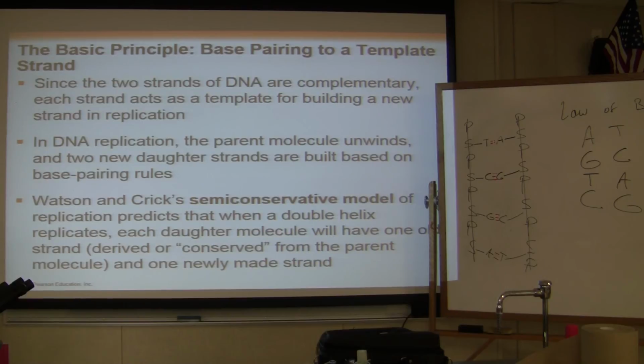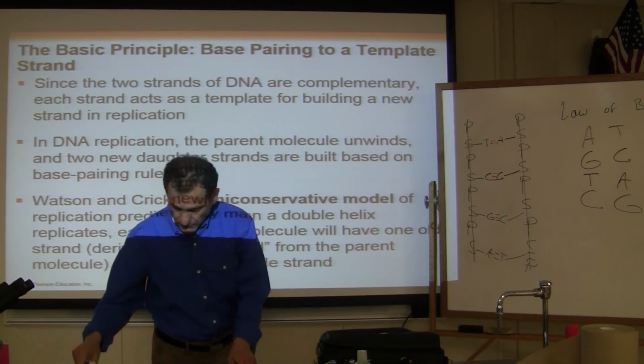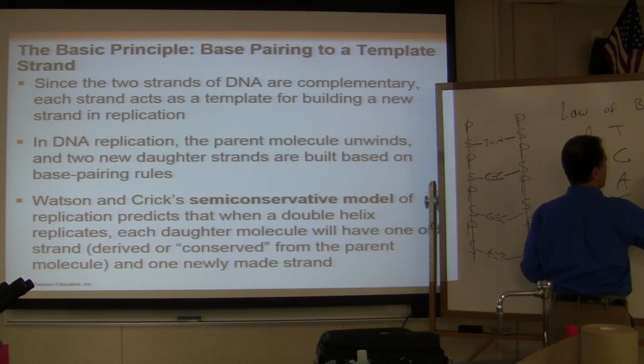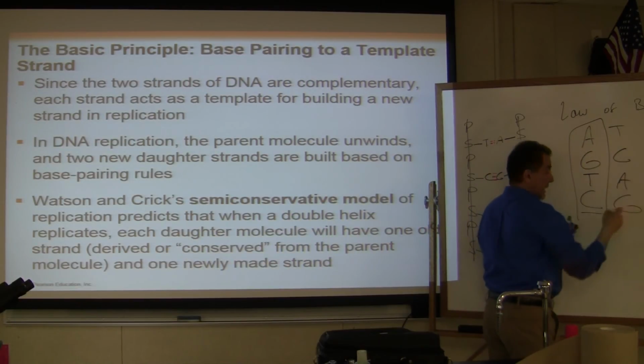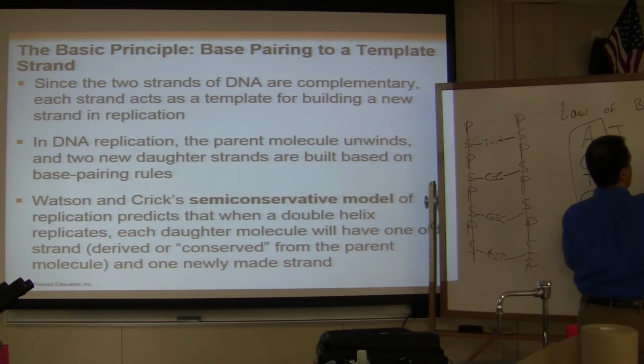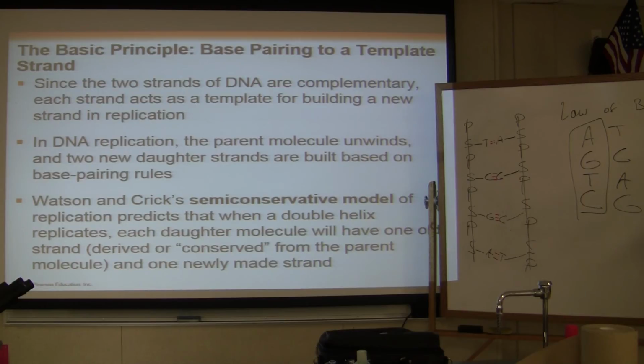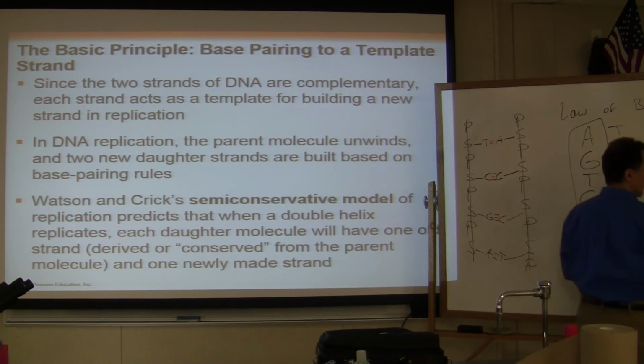Semi-conservative means that when this DNA breaks, on one side you have A, G, T, C, that's the old one, and the new one is T, C, A, G. The old one is T, C, A, G, and the new one is A, G, T, C. Am I making some sense?